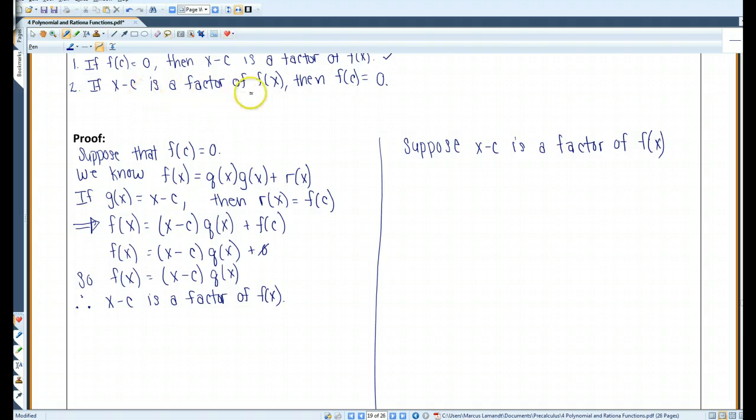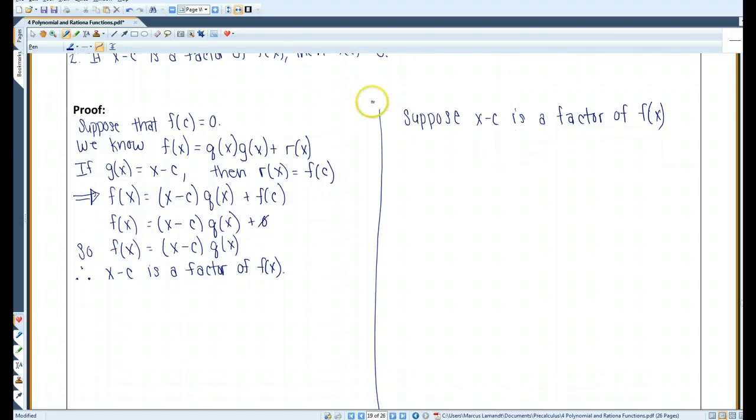Okay, so x minus c is a factor of f of x. So there is a polynomial function such that f of x equals x minus c times q of x. That's the only way it could be a factor, right? So by replacing x with c, we get this.